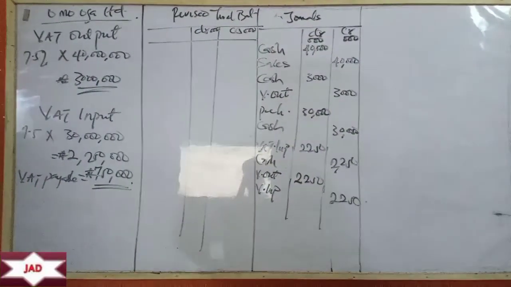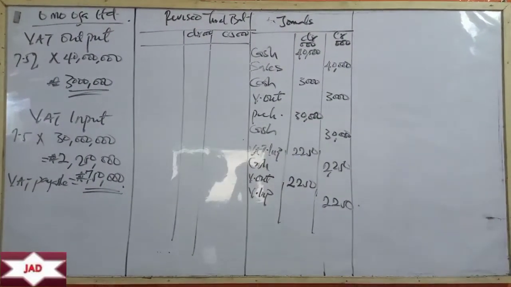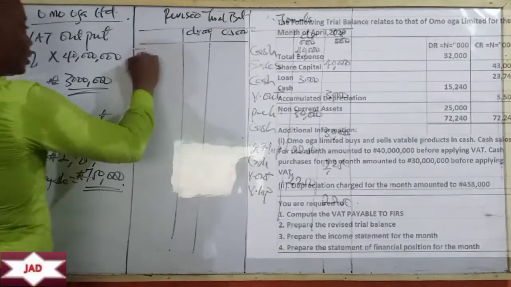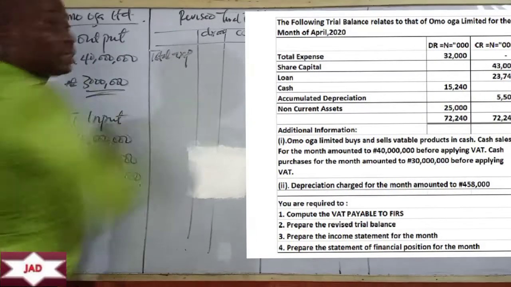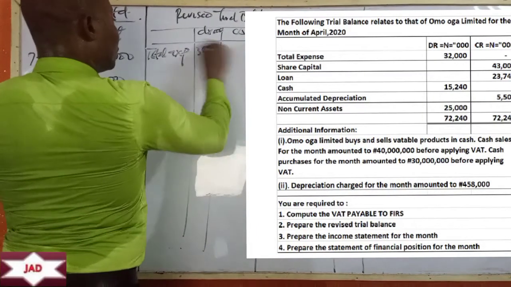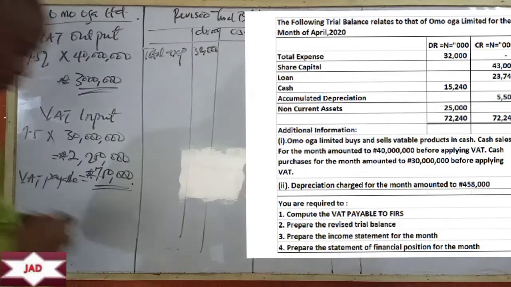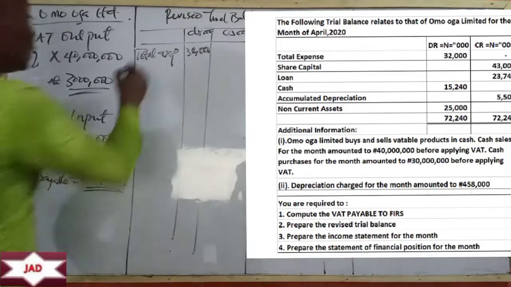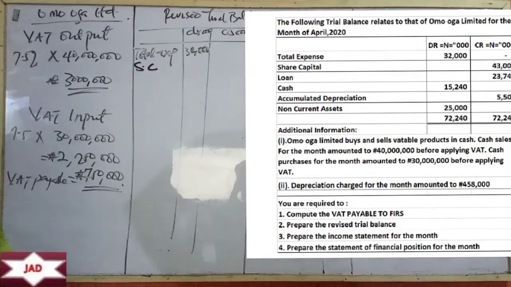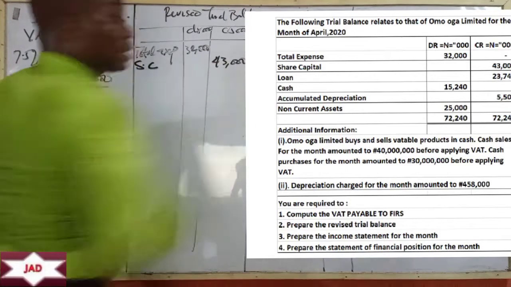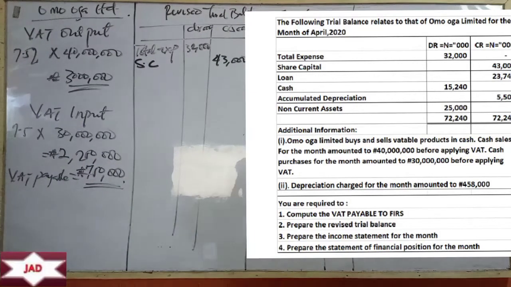So let's prepare the trial balance now. Based on the balances here, we already have some things. We have total expenses, that's debit of 32 million. Then we have share capital. Our share capital there is 43 million, 43,000. What's the next one? Loan.